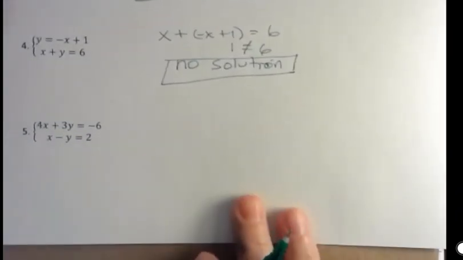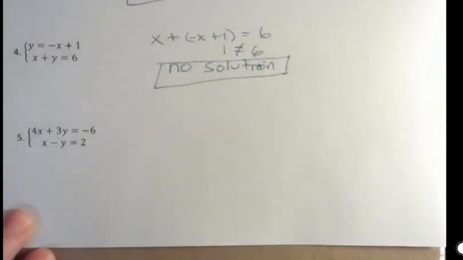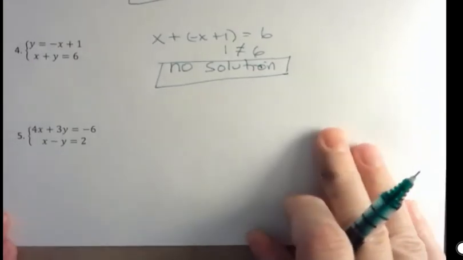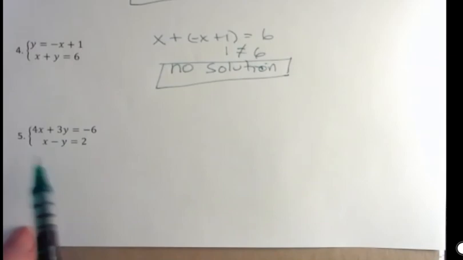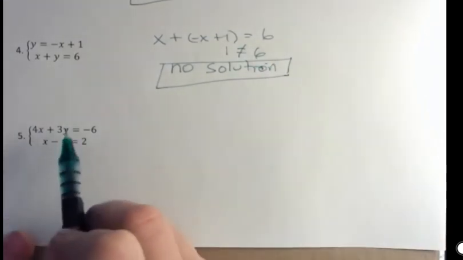Okay, one last problem here, and this one you could choose to work without me and try it and then come back and see how you did, or you can stick with me, but you always do learn more by trying something different. And this one I'll use the addition method or elimination method since we just did the other one. So I'm going to eliminate, let's say, the y's.